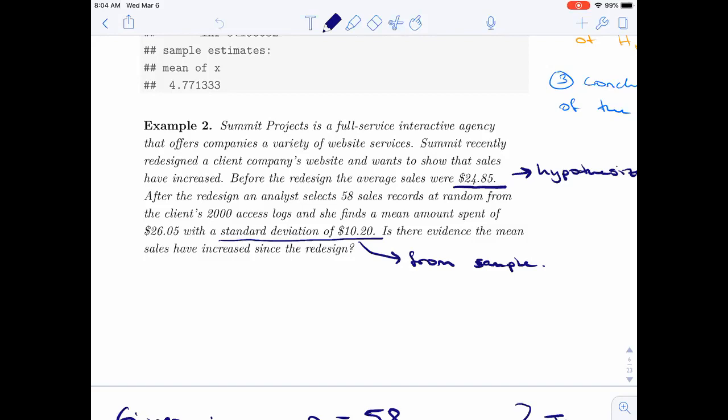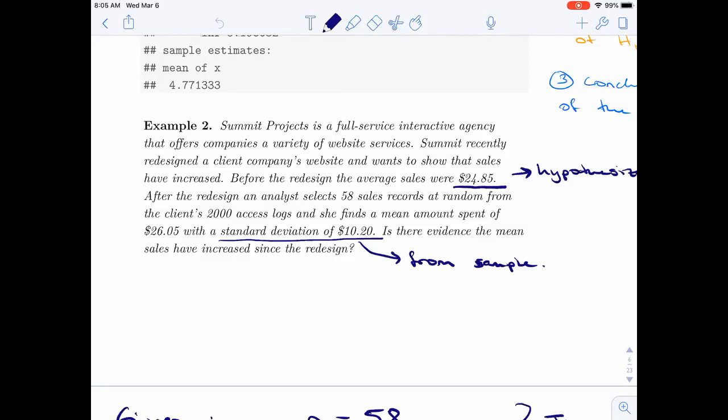So Summit Projects, we've seen this example, it's a full service interactive agency. They did a redesign, and before the redesign, their average sales were $24.85. After the redesign, the analyst selects a random sample of 58 sales and finds the mean to be 26.05 with a standard deviation of 10.20.